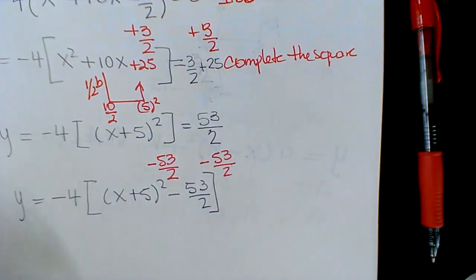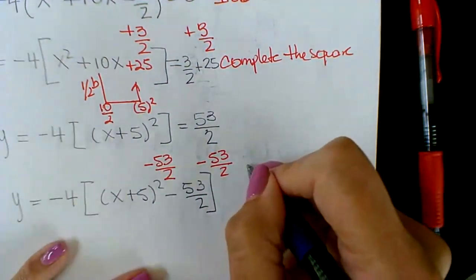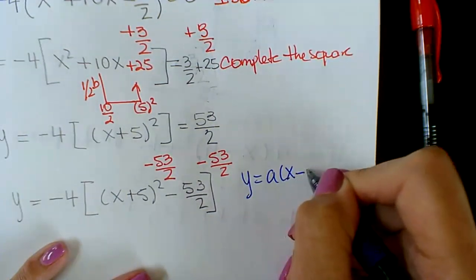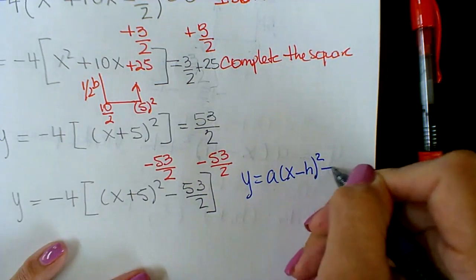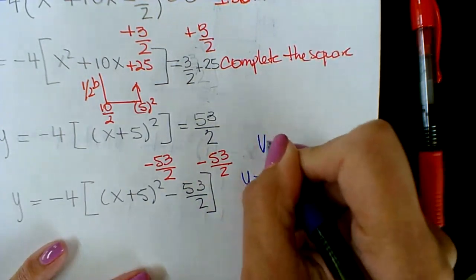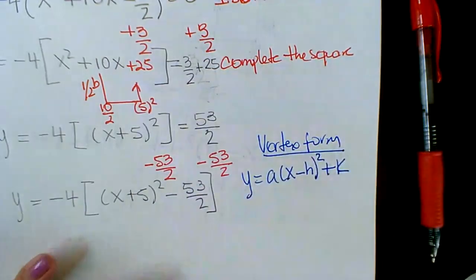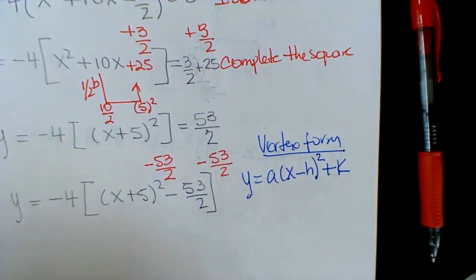Remember, where I'm trying to get is to the vertex form, which is y equals a times x minus h squared plus k.